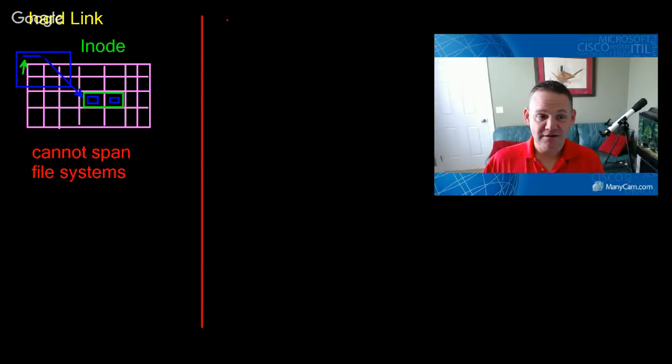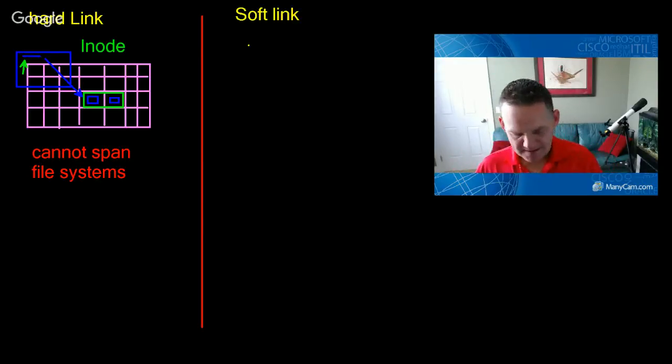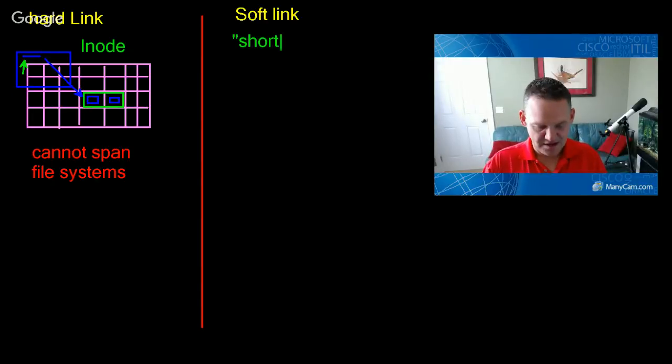Now, a soft link. People liken it to a shortcut, like a shortcut in the Windows environment. So just think of it as a shortcut, and a soft link has its own inode value.